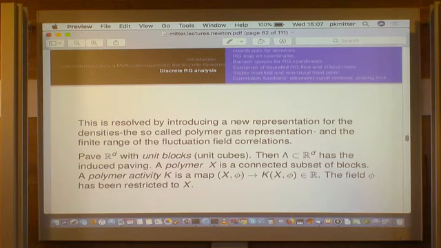We have this luxury of working with connected polymers because of this finite range property, which we will see. We never have to deal with disconnected polymers and exponential decays and so on. So polymer activity is a local map, because all the phi's are restricted to X: X, phi to K_X of phi is a function of that.